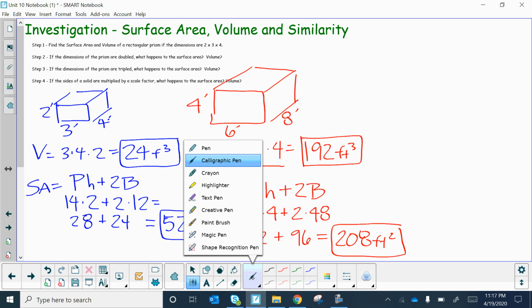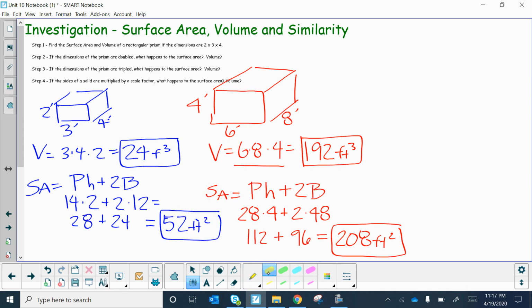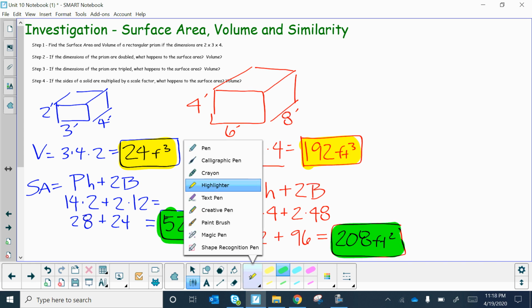So the question is how did it change? Because that's what we need to investigate. What happens here? So the volume did not double, okay? This surface area down here did not double. So we're going to write down the ratios of what did happen, okay?